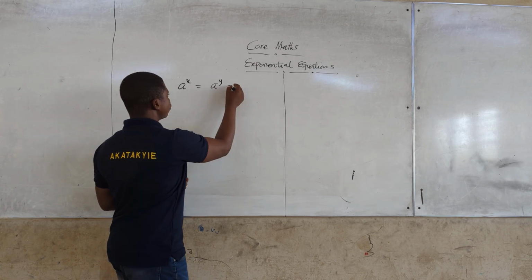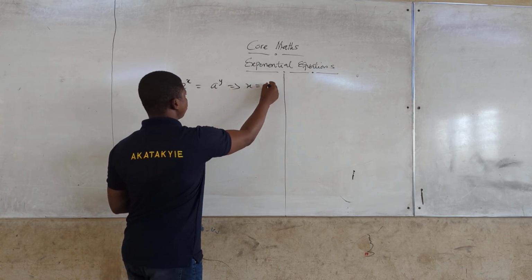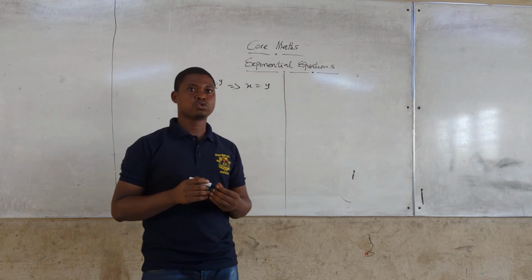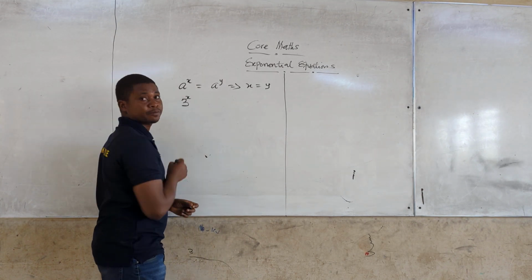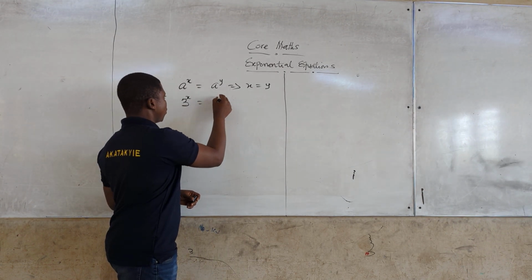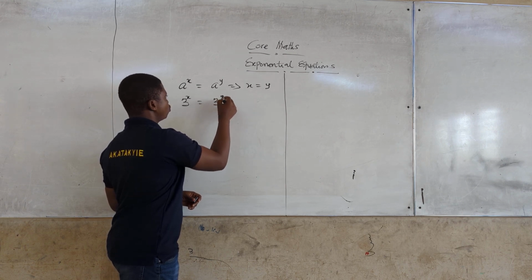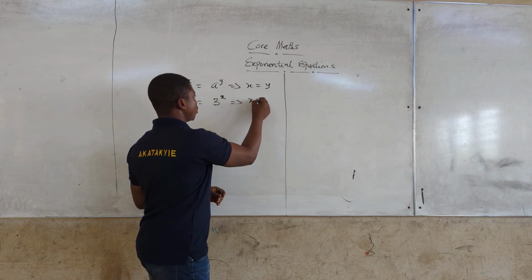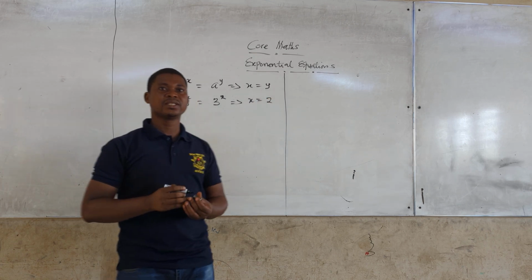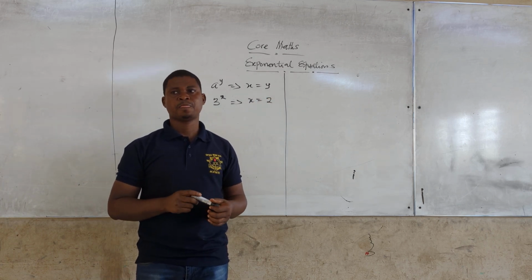So this implies that x is equal to y. So when you have 3 to the power x equal to 3 to the power 2, this implies that x is equal to 2 because the bases are the same.